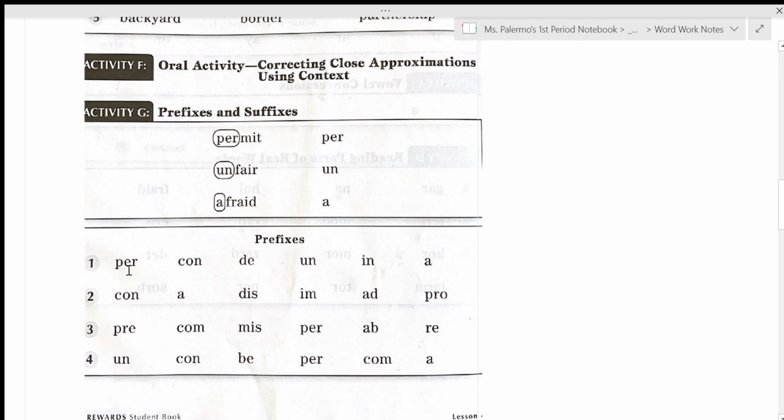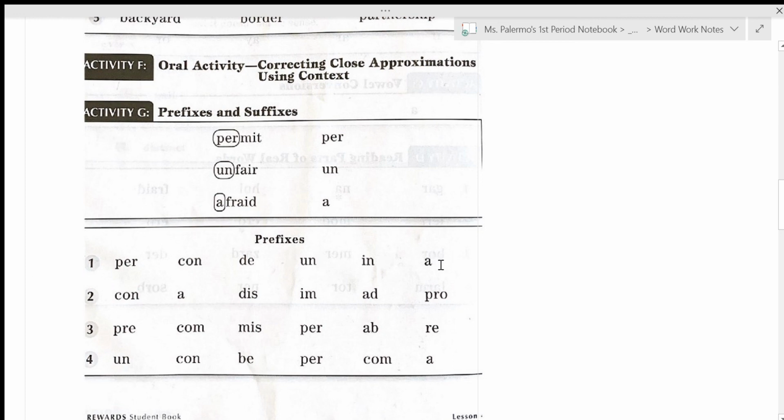But now we're going to go to line 1 and we are going to read each prefix. So again, I'm going to ask you what the prefix is, you say it, and then I will say it, and you can hear if you were correct. What prefix? Per. What prefix? Con. What prefix? D. What prefix? Un. What prefix?